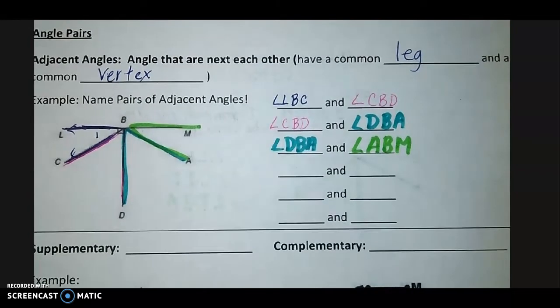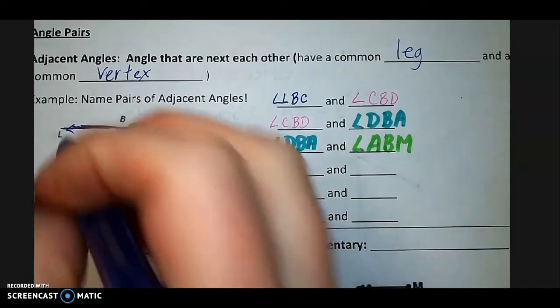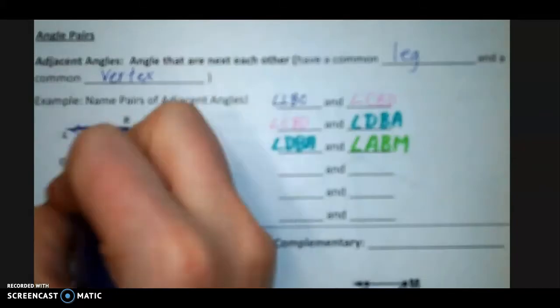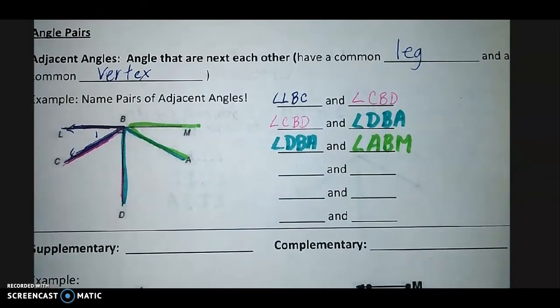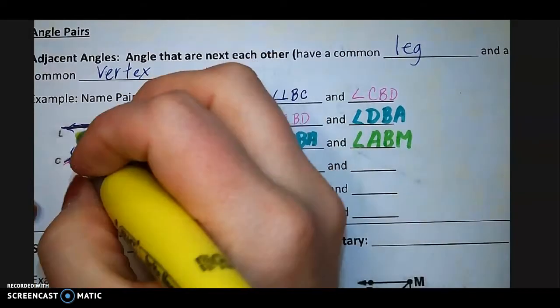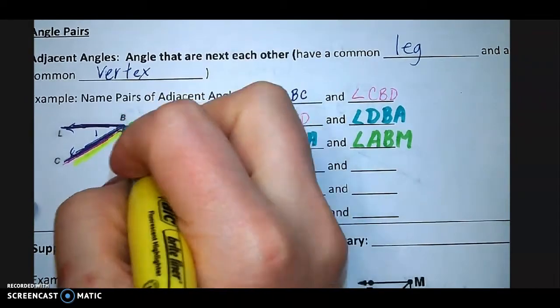Now, the angles don't have to be the same size. So you're looking at this and you're like, well, there's more space there. So if I go to this angle right here, I could also have, let me grab a different color here, I could also have added in, next to this, I could start here again, but instead of going right up here, I could have gone up this way.